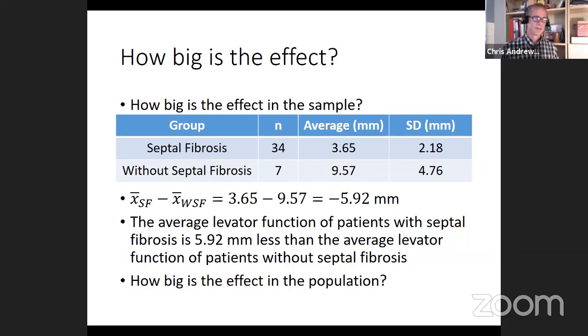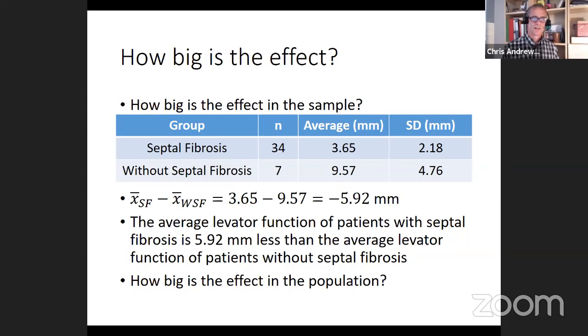And so we could write something about our sample that says the average levator function for patients with septal fibrosis is 6 millimeters less than the average levator function of patients without septal fibrosis. But that's just a statement about our 41 patients. We care about our patients, but we really want to make a statement about the next 41 patients and the 410 patients after that, and the patients elsewhere who are undergoing this procedure.